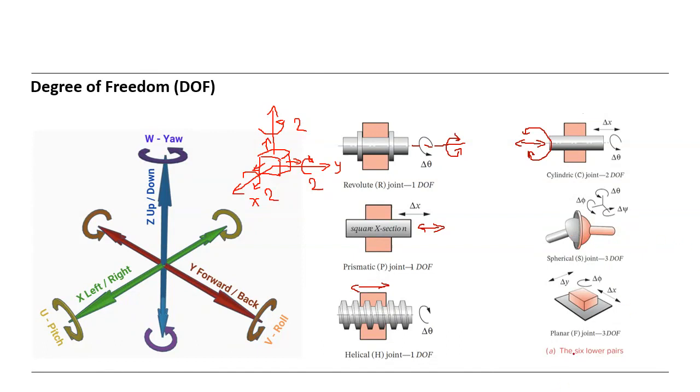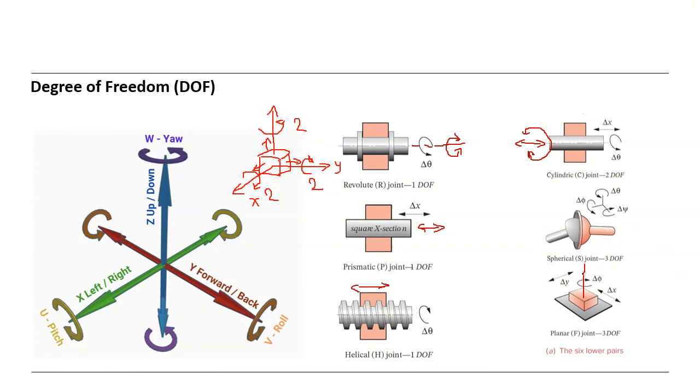So if we have a plane joint, this is a plane joint, we also have 3 degrees of freedom. It can move in the x direction and y direction, and can turn around the z direction, like this one.